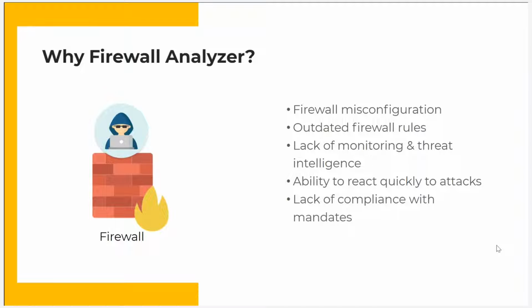This makes it critical to identify and fix your firewall misconfigurations. And second, with hackers working around the clock to breach networks, it's essential that your firewall rules are spot on. So outdated firewall rules can be easily exploited by the hackers to get into your network. So this makes firewall rules optimization and auditing a priority, and it should be carried out at regular intervals.